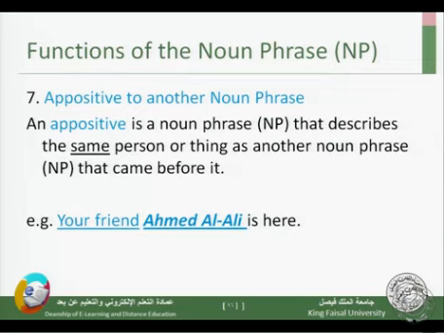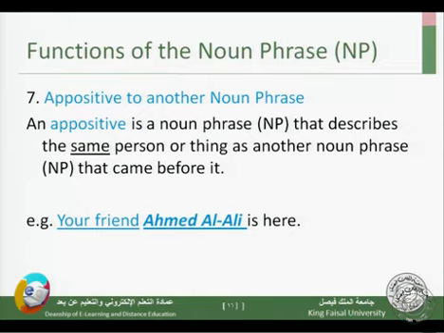And the second noun that comes after the first one is called the appositive, because it is in opposition to the first noun phrase. Let's look at the example. Your friend Ahmed Al-Ali is here. Your friend is an NP, so this is the first NP, and then Ahmed Al-Ali is another NP, so this is the second NP.